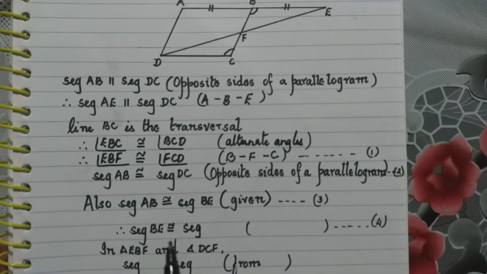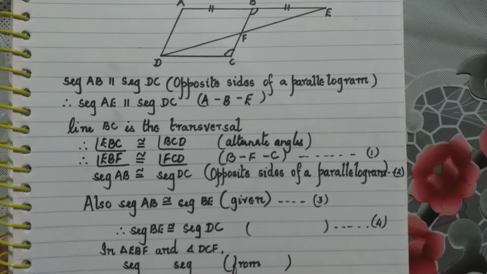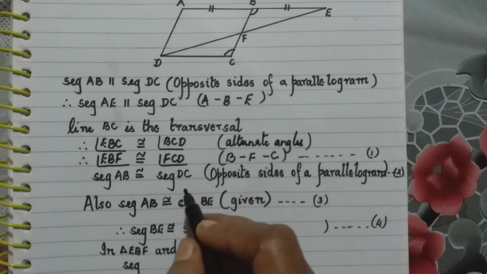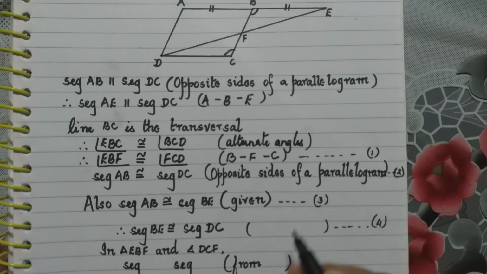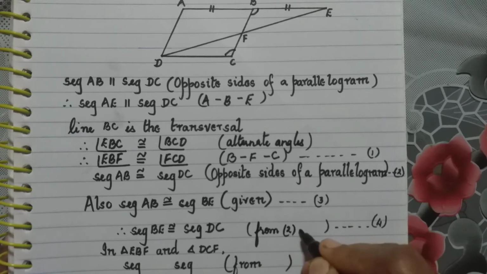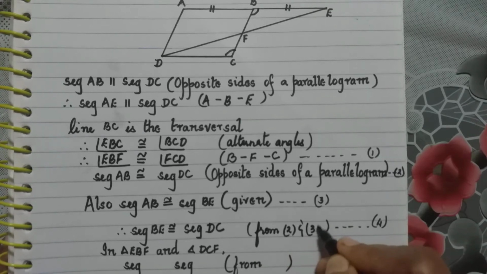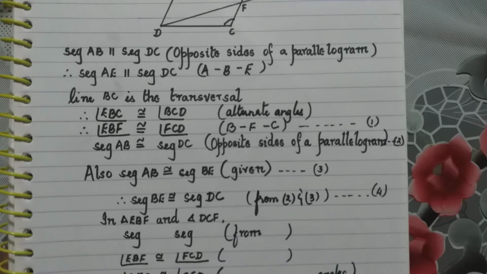So I write segment BE congruent to segment DC. How did I get that? This is from 2 and 3. So I'll write from 2 and 3, I get the fourth conclusion, that segment BE is congruent to segment DC.